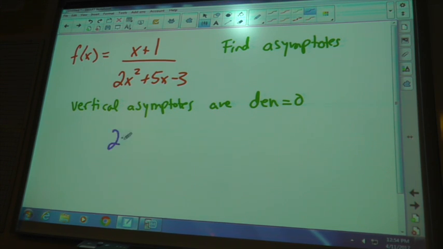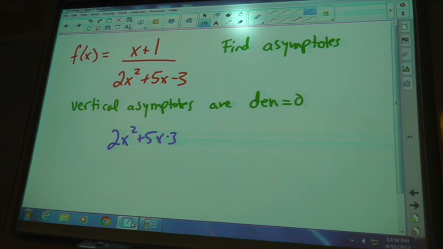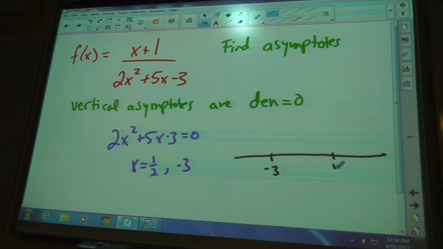So we've already solved this, right? With our handy dandy calculator. What was it, 1/2 and -3? So that means when I draw this, I can put a -3 here and a 1/2.